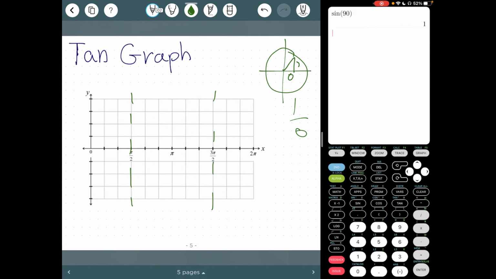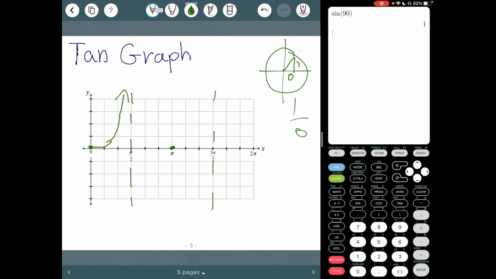So the tangent graph always starts at 0, 0. So it starts here, and it goes up towards the asymptote. So it will go up towards it like this. And then for the next point, it's at pi.